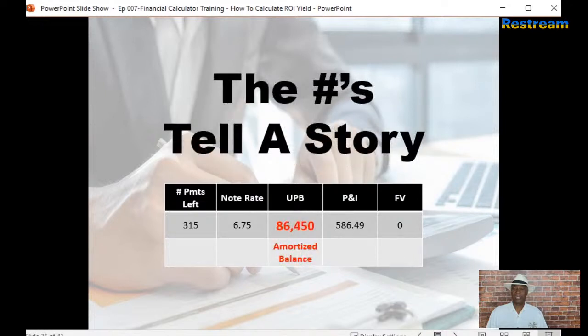So once I've put in those other three factors and I solve for the fourth, then I realize that these people's balance should be $86,450 based upon how many payments they have made and how many payments they have left, and the fact that they're paying at a 6.75% interest rate, and the payments of $586.49. Based on that, the calculator says their balance should be $86,450.